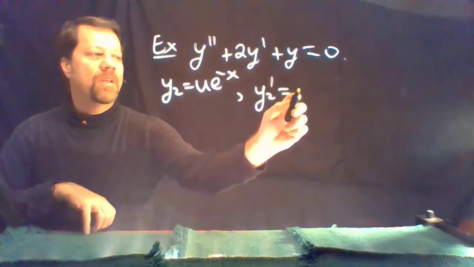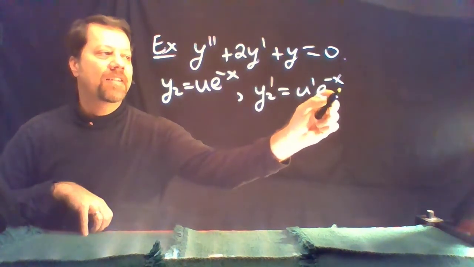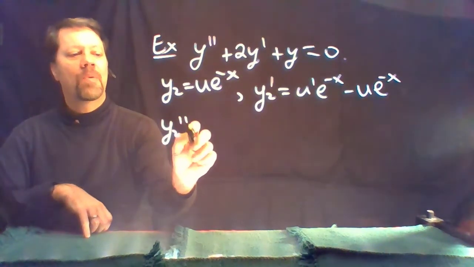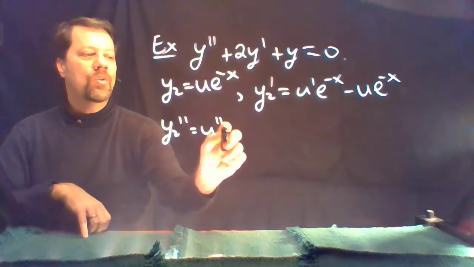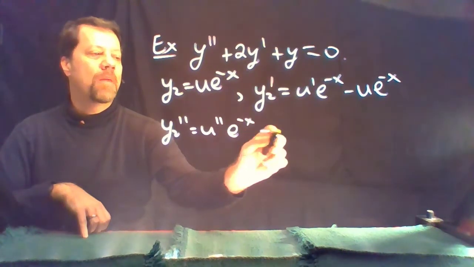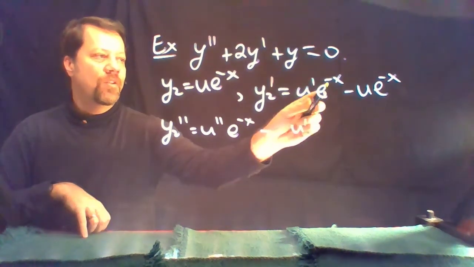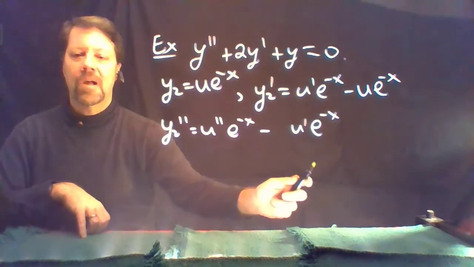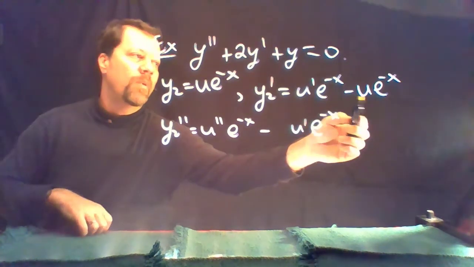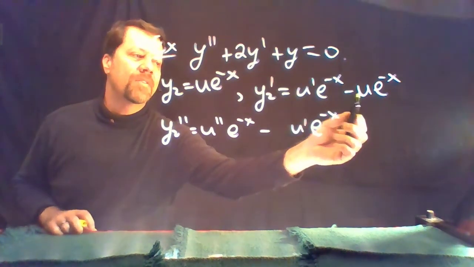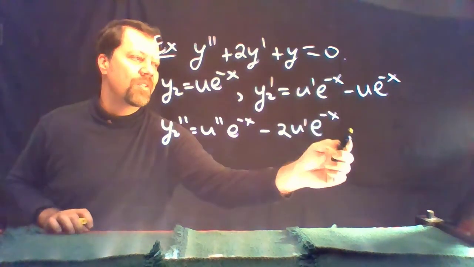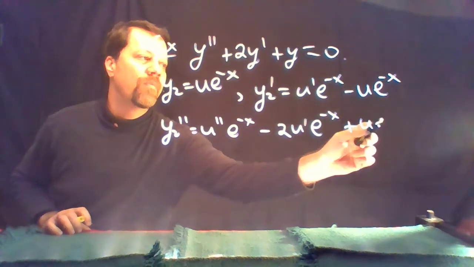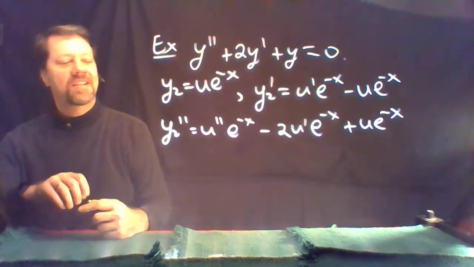y2 prime would have to be u prime e to the negative x minus u e to the negative x, and y2 double prime would be u double prime e to the negative x minus u prime e to the negative x, these two being the product rule applied to the first term. When we apply the product rule to the second term, we'll get another minus u prime e to the minus x, and when we take the derivative of the e part, we'll get plus u e to the minus x.